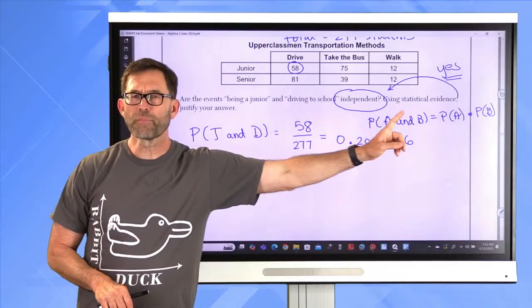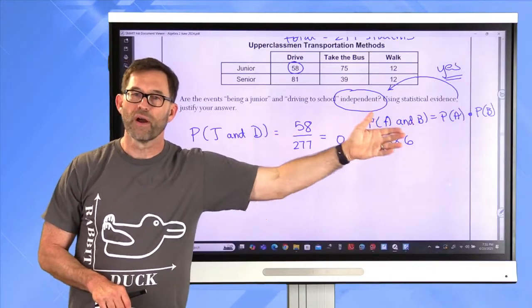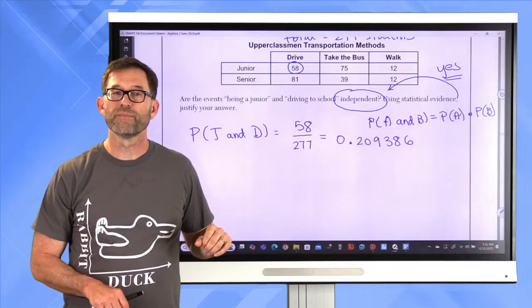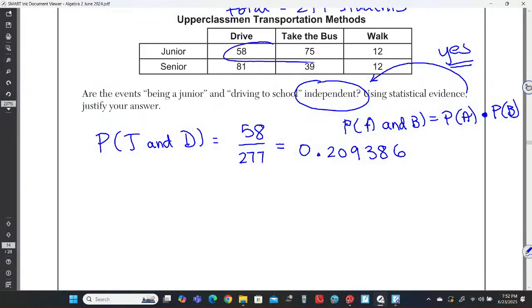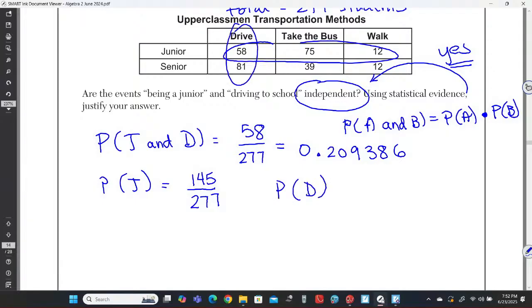Now, let's figure out the probability that someone's a junior, and the probability that somebody drives to school, right? To figure out the probability that somebody's a junior, I would have to add all of these together, but that's easy enough, right? The probability that somebody is a junior, there are 145 juniors out of 277. The probability that somebody drives to school, I would then add these up, and that is 139 divided by 277.